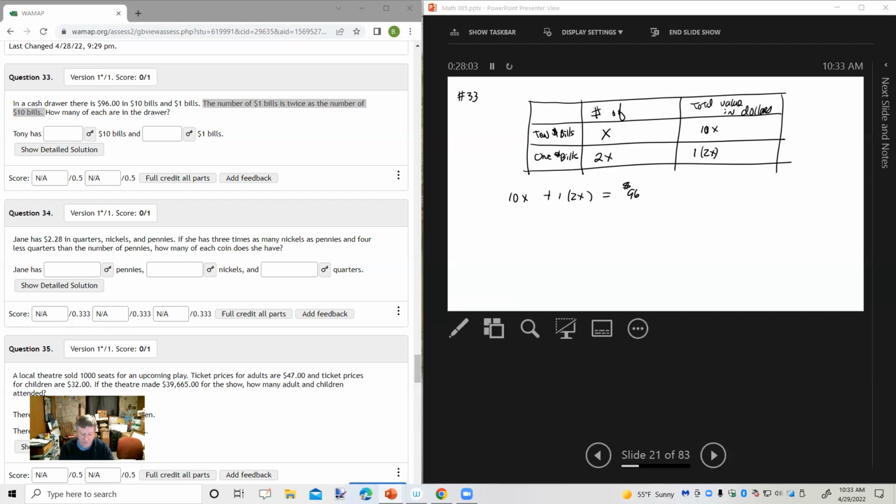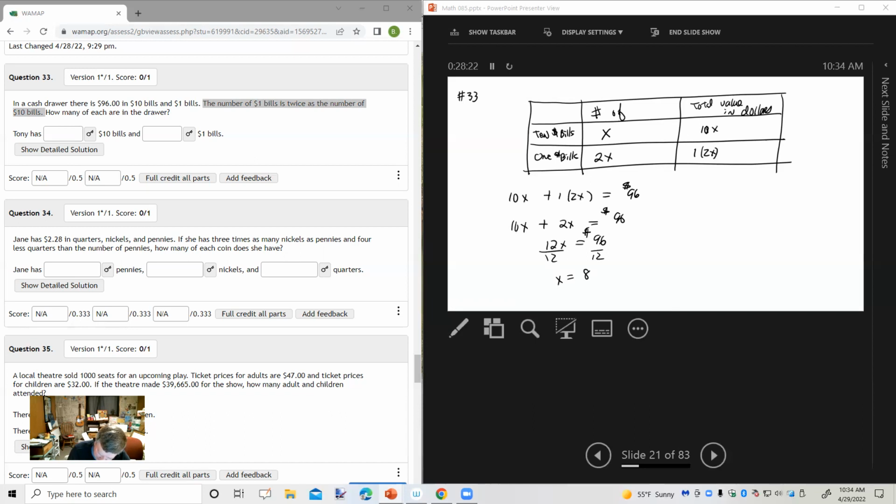Okay. So my equation becomes 10X plus 1 times 2X is 2X equals $96. 10X plus 2X is 12X equals $96. Dividing both sides by 12, X equals 8.